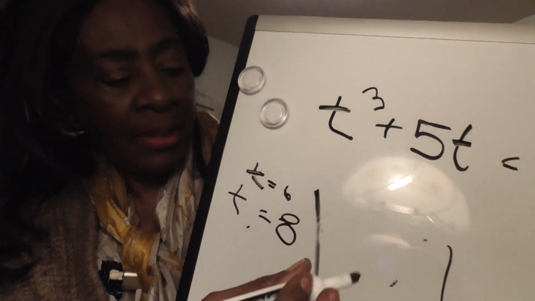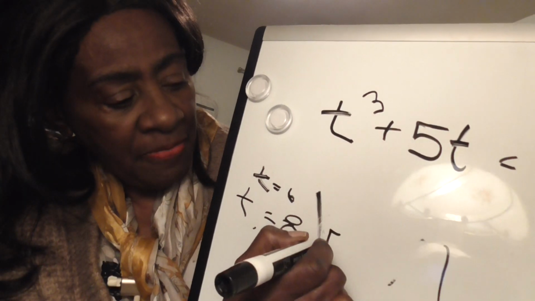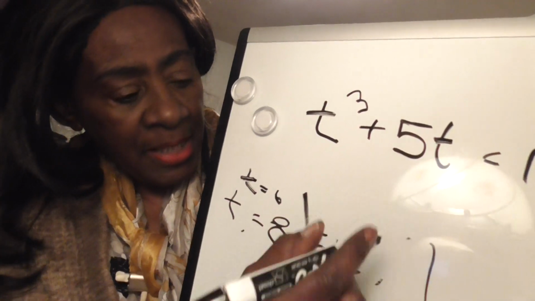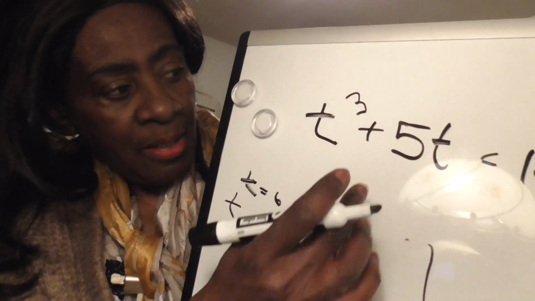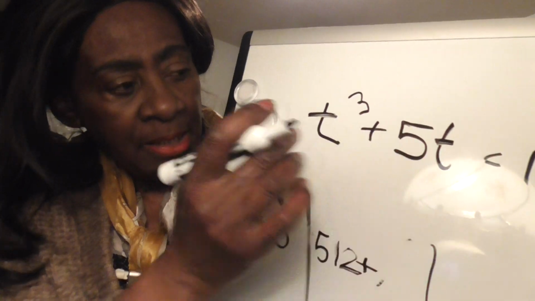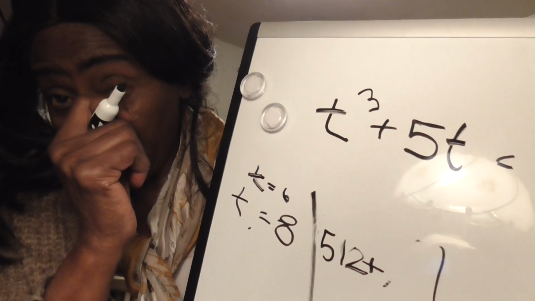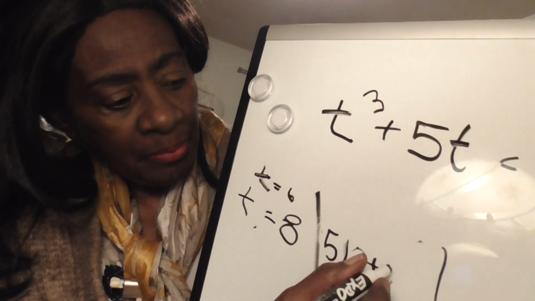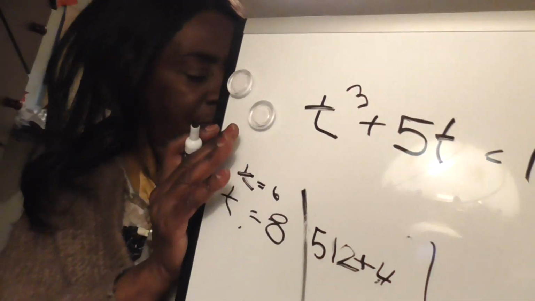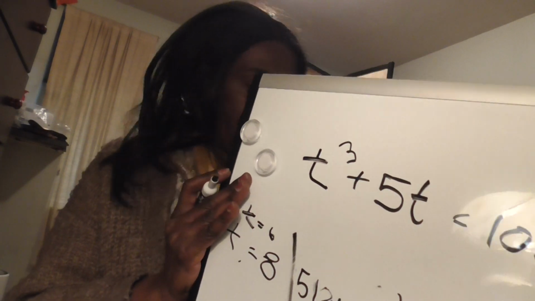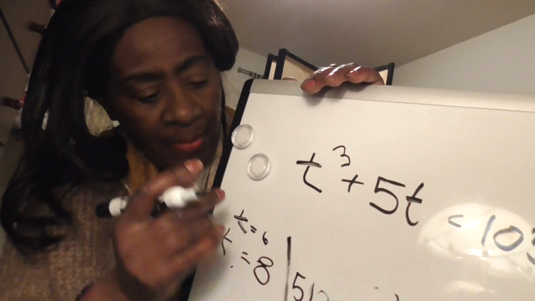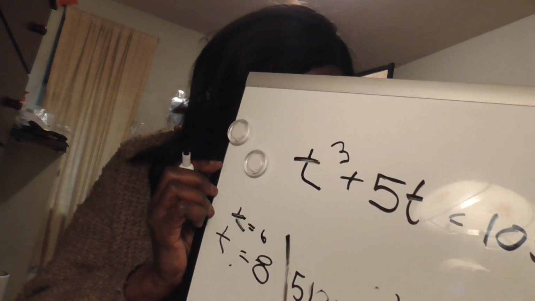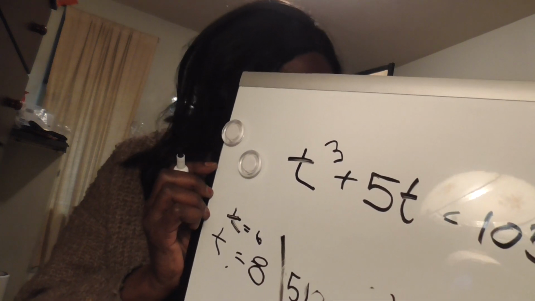If t equals 8, 8 to the third power is 512. We're just following the example. Plus 5 times 8. 5 times 8 is 40. Add that together and tell me what you come up with. Or tell yourself what you come up with.